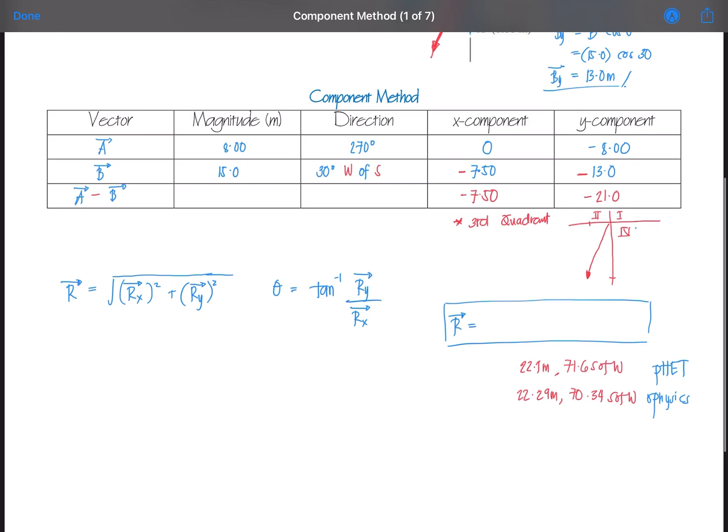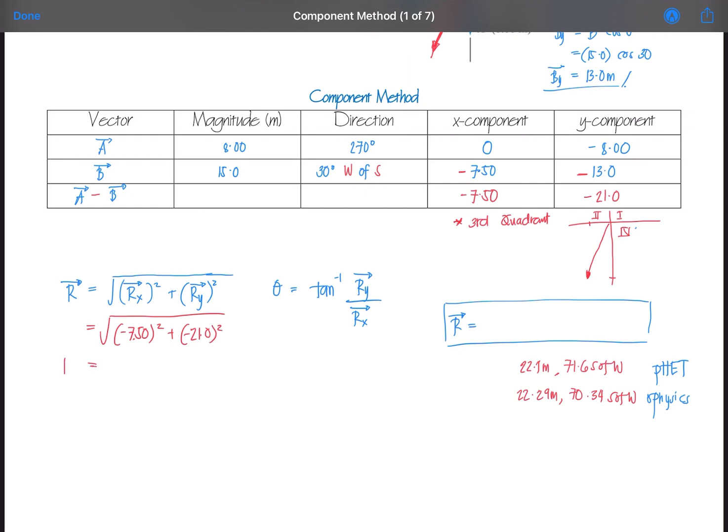Alright? So from there, doing the same method, to get the resultant, I'm still using R, although in some cases we may use another letter para hindi ma-confuse. But in this case, I'll still be using R to determine the resultant. So we use negative 7.5 squared plus negative 21.0 squared.